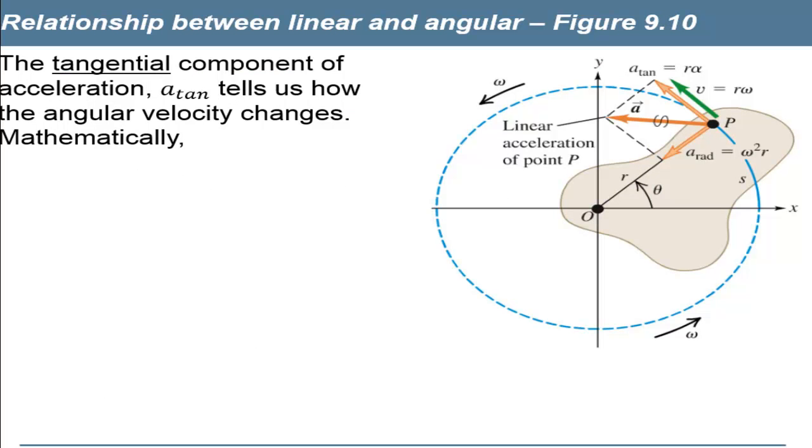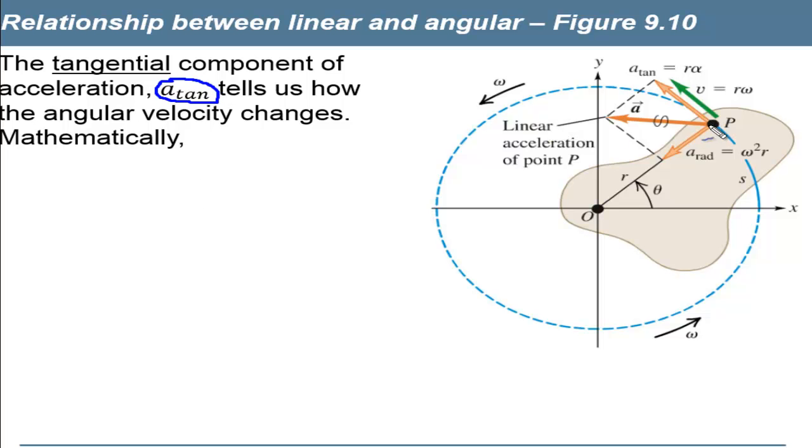So let's figure out how the linear acceleration also relates to angular quantities here. The acceleration can actually be broken into two components. We have a tangential as well as a radial.